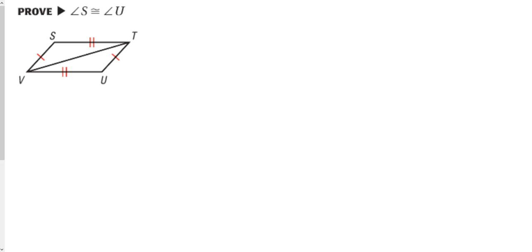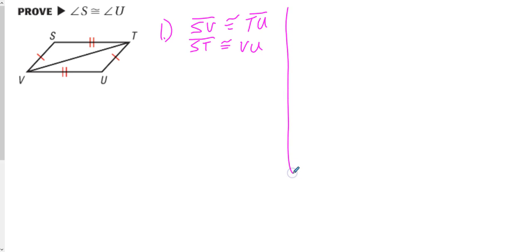So now they want us to prove that angle S is congruent to angle U. So I look at the triangle and I already know that SV is congruent to TU. And I also know that ST is congruent to VU. And I know both of those because it was given in the picture.